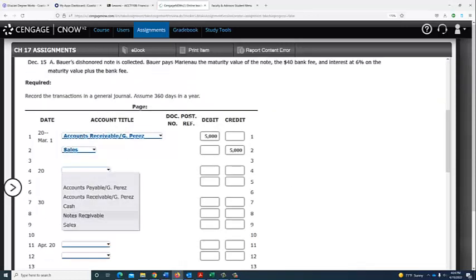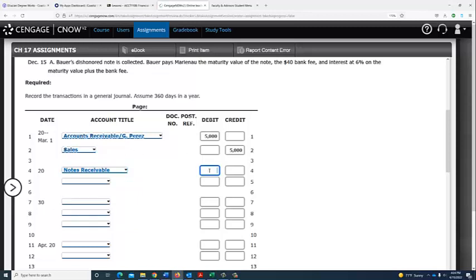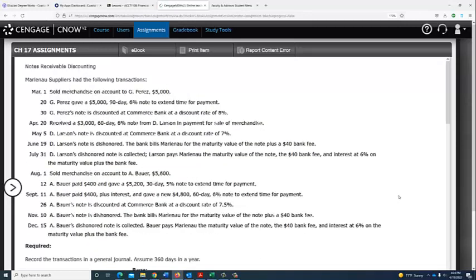We are going to debit notes receivable for the principal amount, and then credit accounts receivable because that accounts receivable was satisfied with the notes receivable. So the accounts receivable is now removed from the books.